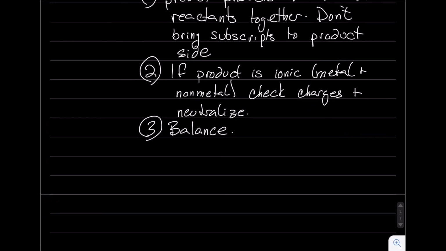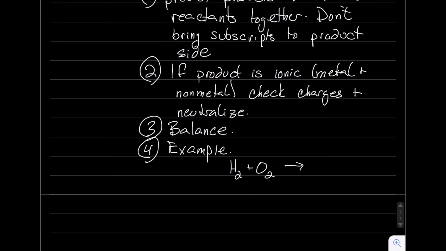So now let's do a quick example of a synthesis reaction. So for example, let's take H2 plus O2. We know this is synthesis because we have just two single things there.